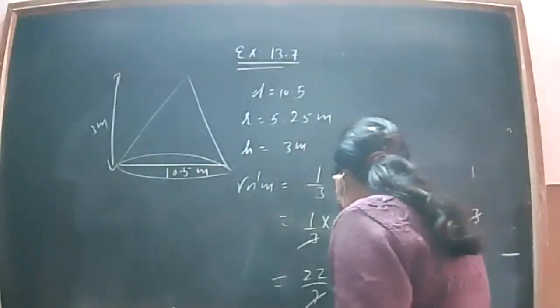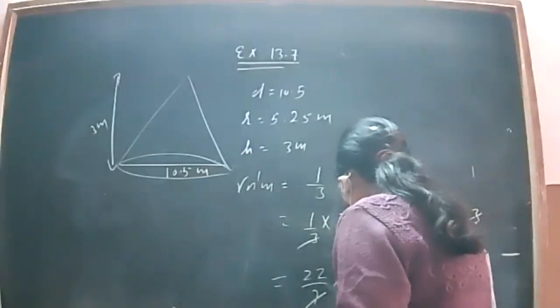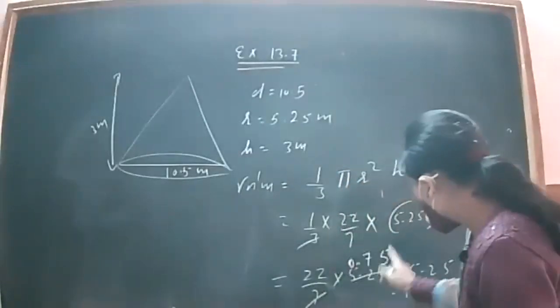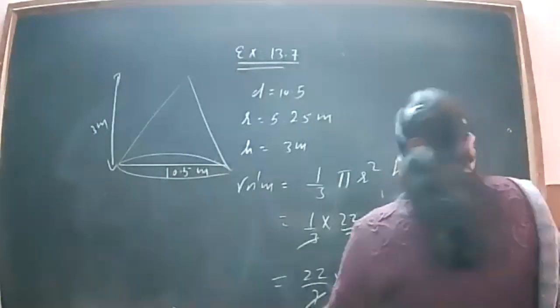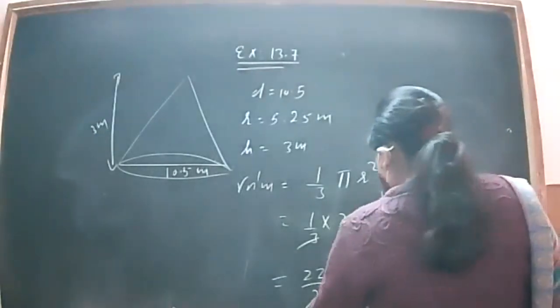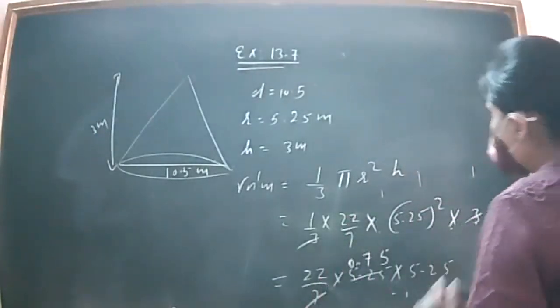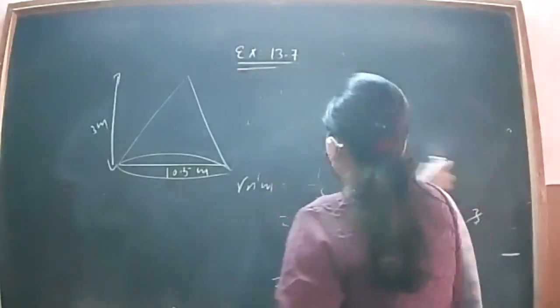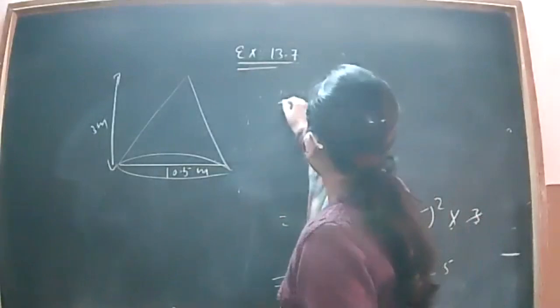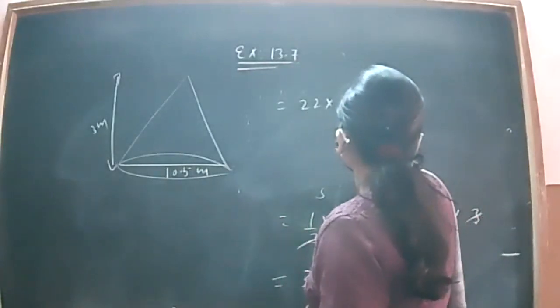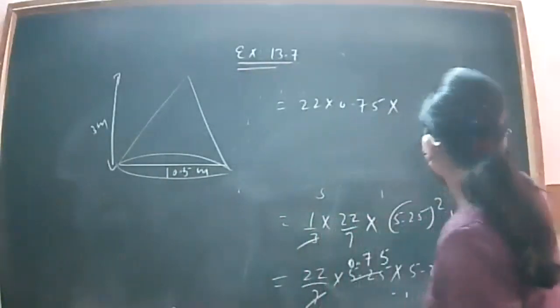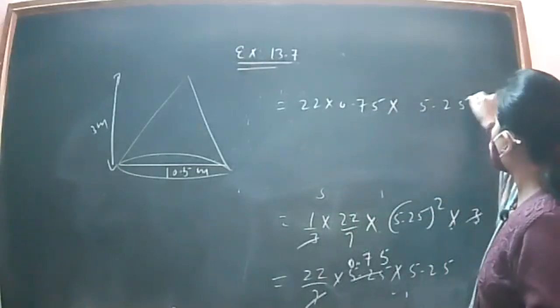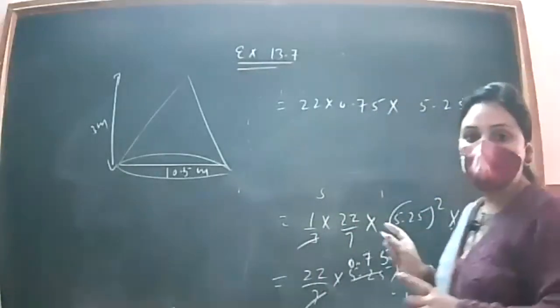So this becomes 0.75. On the table of 7, we will cut it. 5.25, this will be 5 on the table of 7. This is 0.75. So further equal to 22 into 0.75 into 5.25. This we are getting, right?